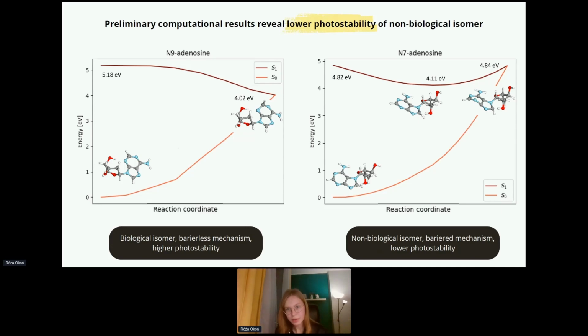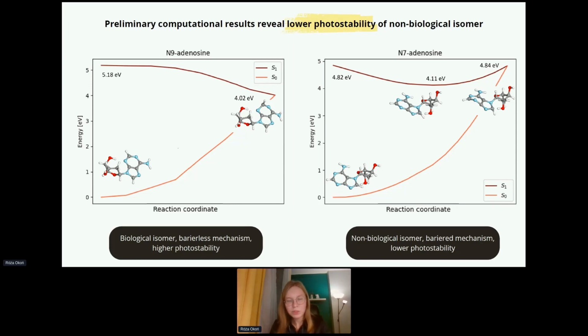So the time needed for such a transformation from the initial geometry just after the excitation to reaching this final geometry is significantly longer, and therefore the lifetime of such an excited state will also be meaningfully longer than in the case of this biological molecule, N9-adenosine.